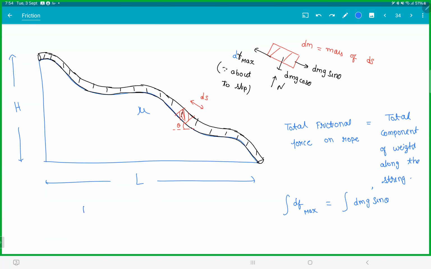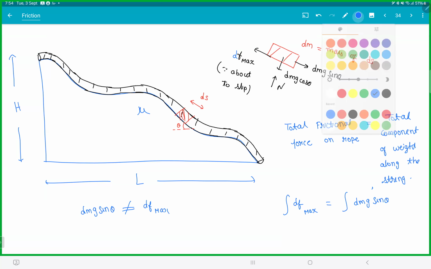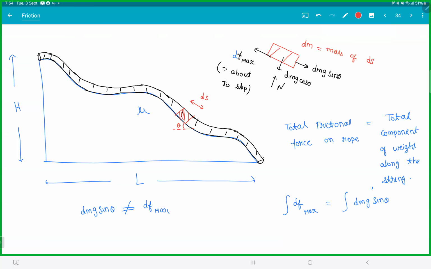You cannot say dmg sin theta is equal to df max for each piece. What the meaning of this statement is, if you say these two are equal, then you're indirectly telling that the mg component of each segment equals its friction, but the mg component of each segment need not be equal to friction for that segment.